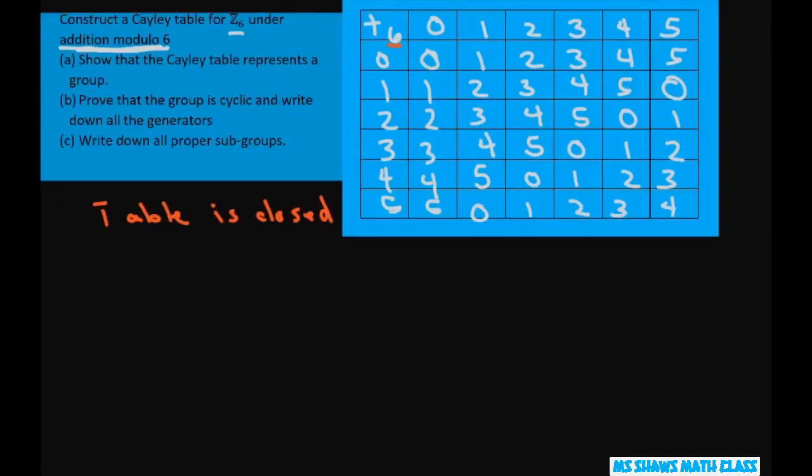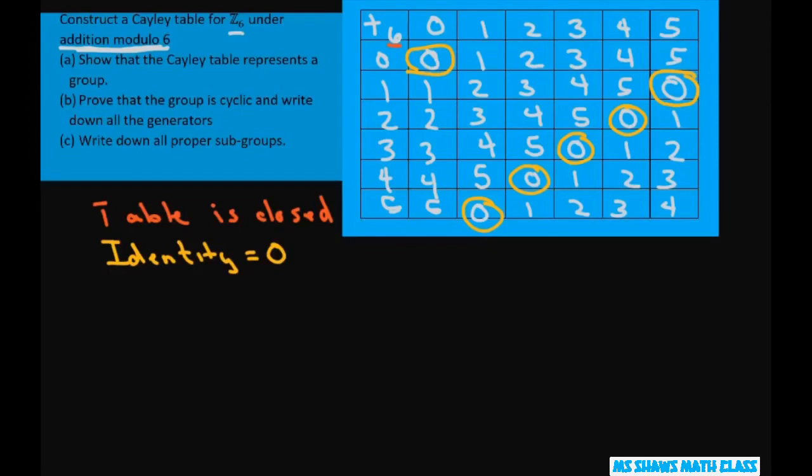The identity for addition is 0. 0 appears in every row and every column. Here's 1. 0 appears in every row and every column.